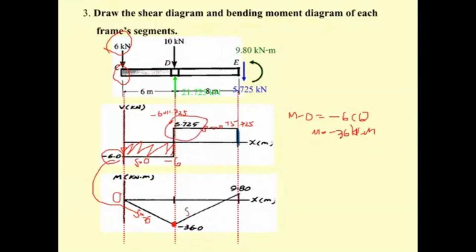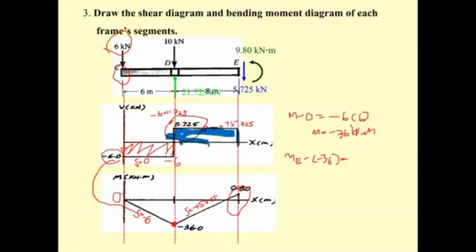Okay, and next the slope, the dV by dx, changes from minus 6 to plus 5.725. And what is going to be the value of moment here? The M here is going to be M sub E. The M sub E here is going to be minus 36 minus the minus 36. Okay, and then it's going to equal what? It's going to equal the area here. You may highlight the area here.